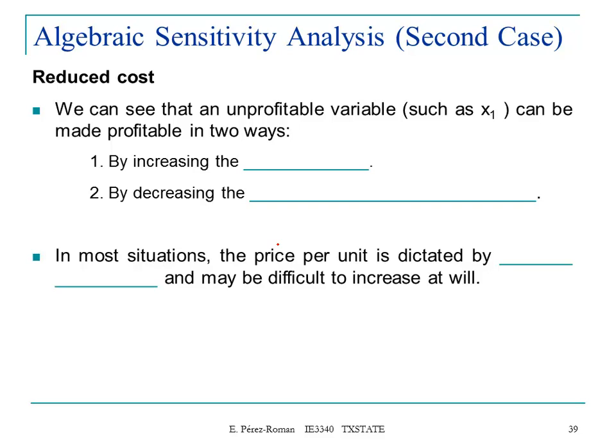So we can see that an unprofitable variable, such as x1, which represents the trains, can be made profitable in two ways. One, by increasing the unit revenue. So if instead of making $3, we increase that to $5, that will make producing those trains more appealing to the problem, and we may end up producing those toys. Or, two, by decreasing the unit cost of consumed resources. Those two make sense: you increase your revenue or you decrease your cost.